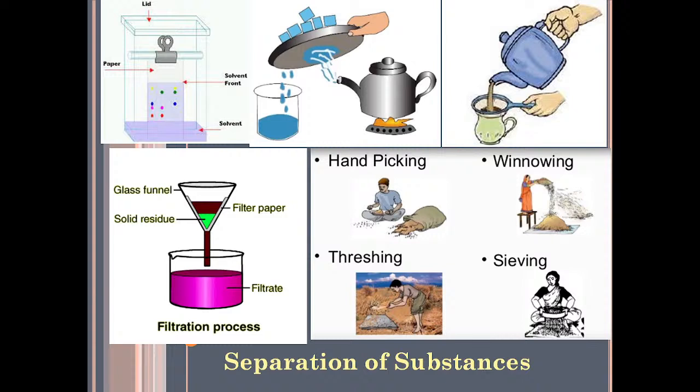The rice you clean daily, we can separate by winnowing, sieving, threshing and many other things. If you want to separate solid from liquid, you can use a strainer or filtration. Liquid from liquid, you can use a distiller. If you want to separate more biological substances, you can do chromatography.